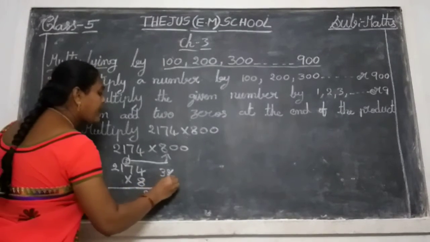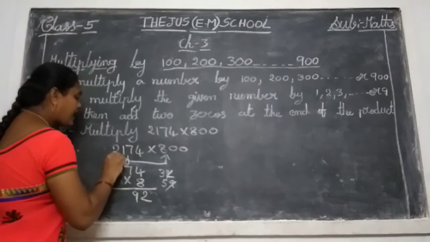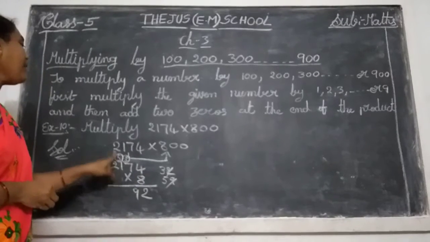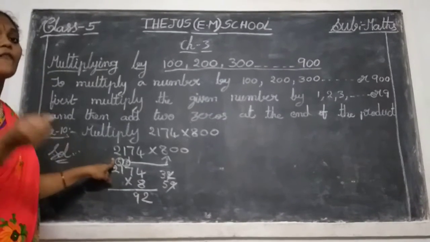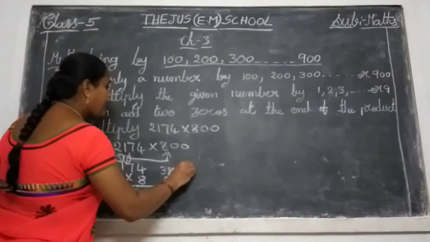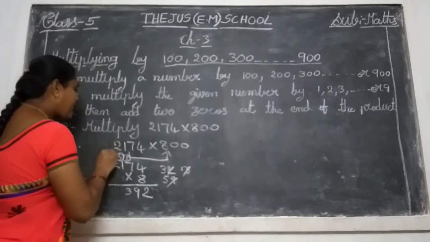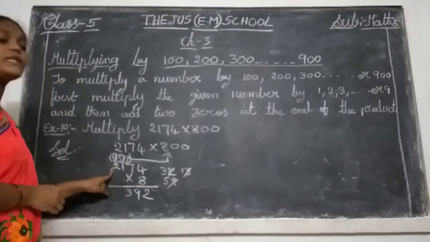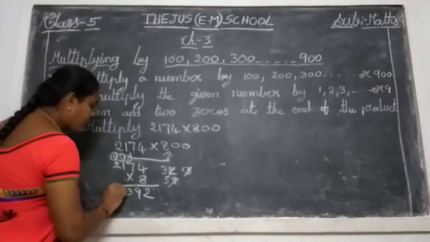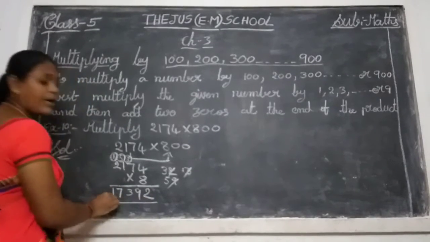So write 9 and carry 5 outside. 8 2s are 16. 16 plus 1, 17. Okay, children? So this is the product.